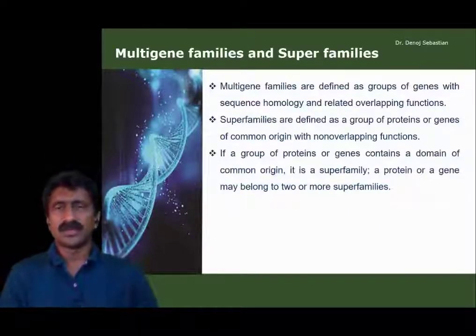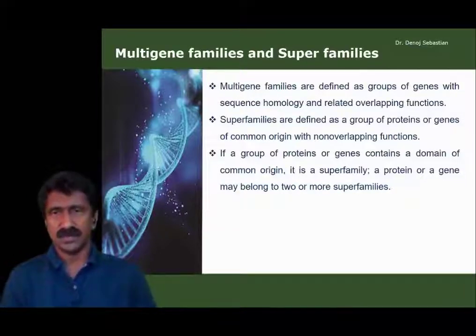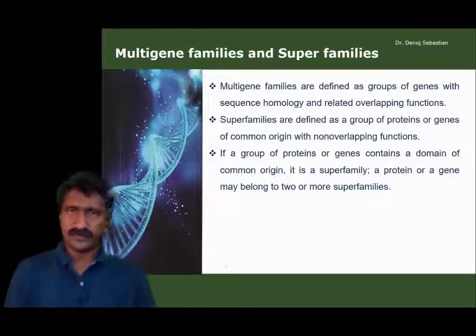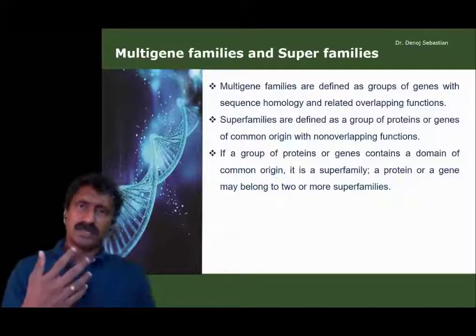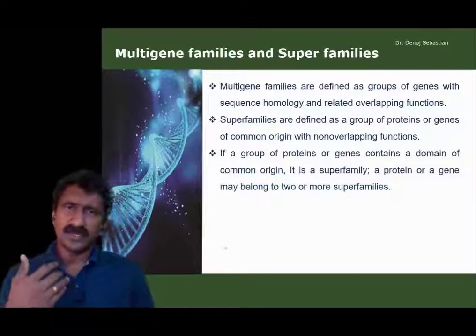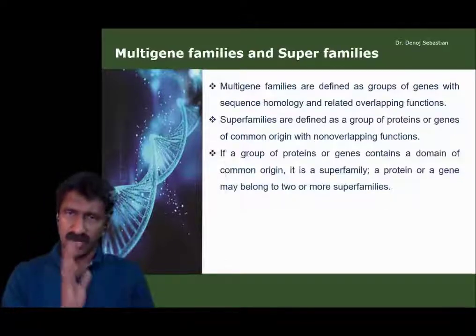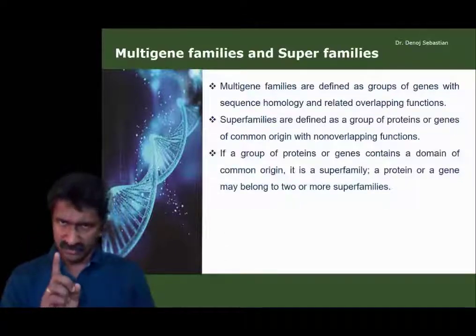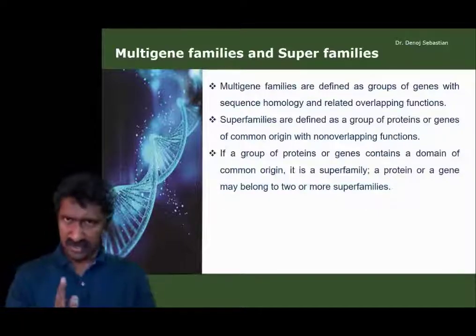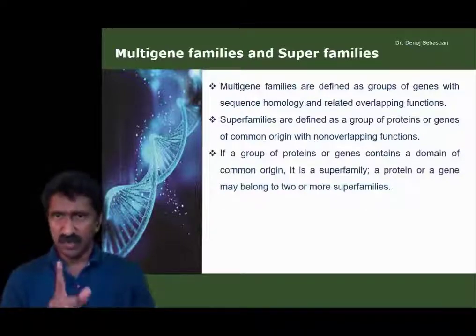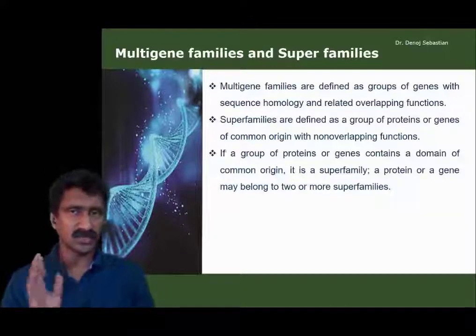Multi-gene families and superfamilies are another group of genes of importance. Multi-gene families are defined as a group of genes with sequence homology and related, overlapping functions. There should be homologous sequences and overlapping functions. Homology means there is an evolutionary relationship.